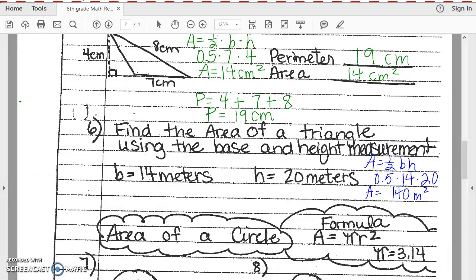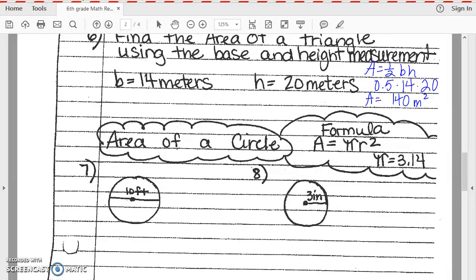Let's move on to area of a circle. So area of a circle, my formula is A equals, say it with me, pi r squared. What does the r stand for? Radius. Now right now on number 7, they are showing me my diameter.